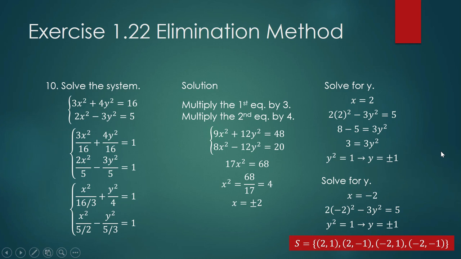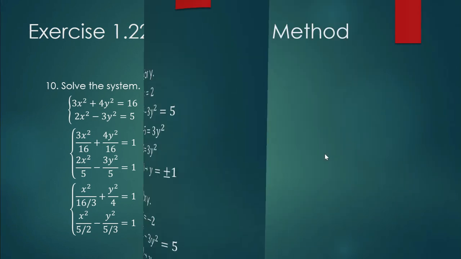Again, our geometric interpretation of the solution is these are the points of intersection. And the only way we can be sure that they are indeed the points of intersection of your curves, this one is an ellipse, this one is a hyperbola, the only way to see their intersection is by graphing them.